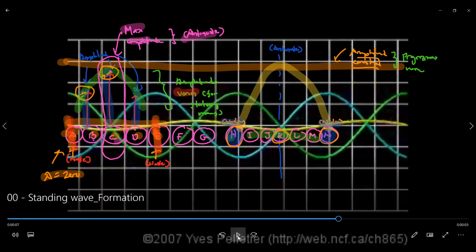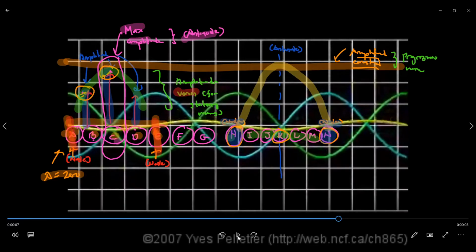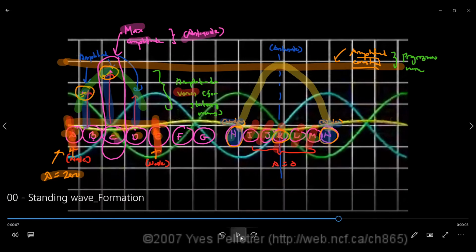Now, if I freeze the video, notice that right now, if K is at equilibrium, I, J, L, and M are also at equilibrium. You notice that the amplitude is 0. Then after that, I let the video run again.